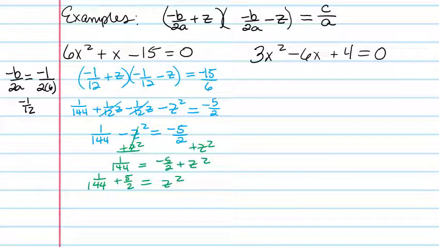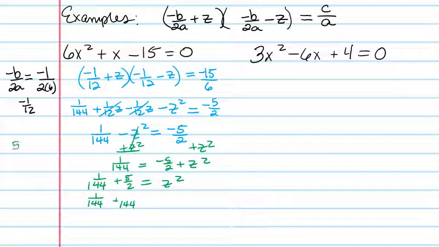Now, this problem is factorable. So this problem might actually work easier if you factor it, but I did want you to show you one that was factorable and see how your answers turn out. So I've got to add these two fractions together. I'll have to get the common denominator from 2 and 144, which is going to be 144. So 144 is 72, so 5 times 72.